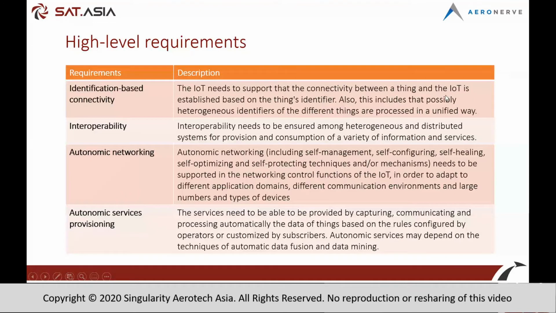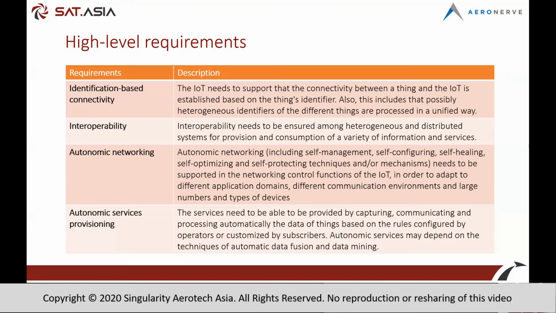Okay, so now we will go into the next topic, which is the high-level requirements. Okay, I'll share with you. This is also something that is produced by ITU, the International Telecommunication Union. They set these high-level requirements for anyone who wants to provide IoT solutions. The first requirement that you need to meet is identification-based connectivity.